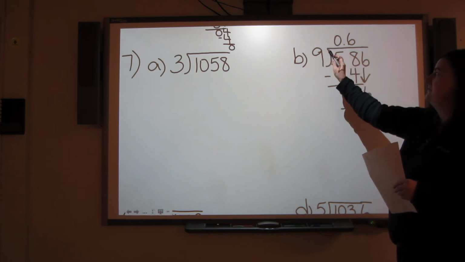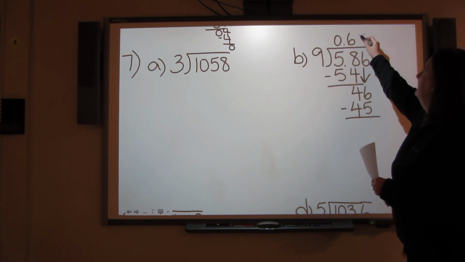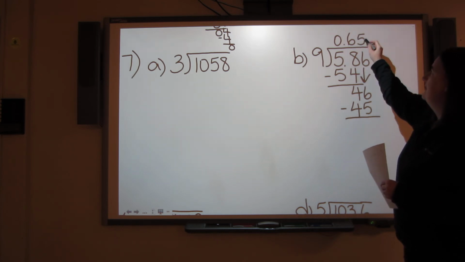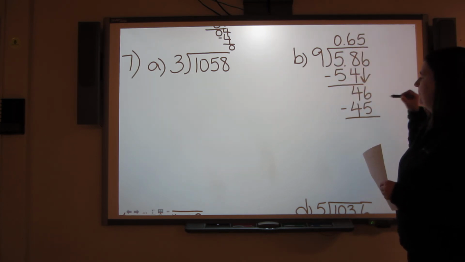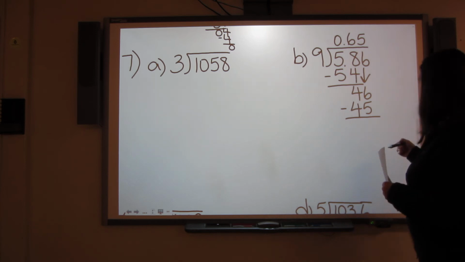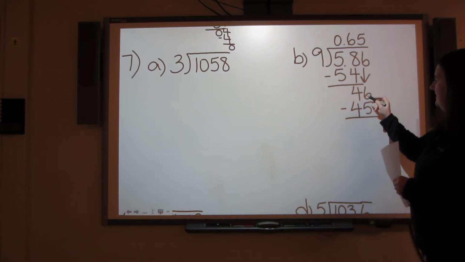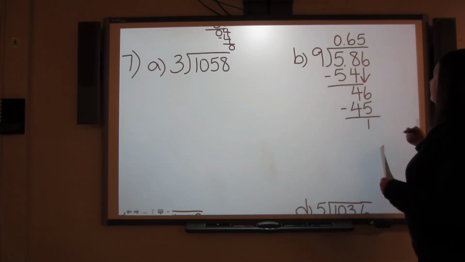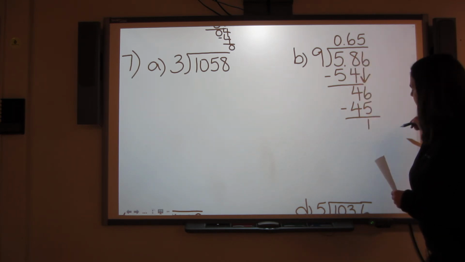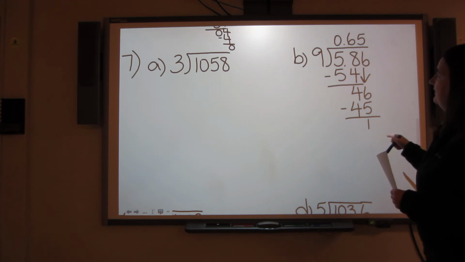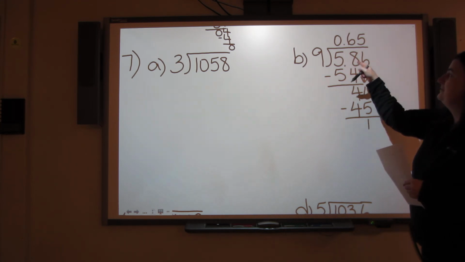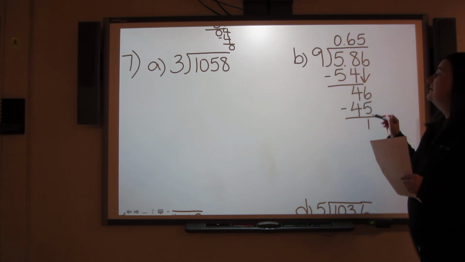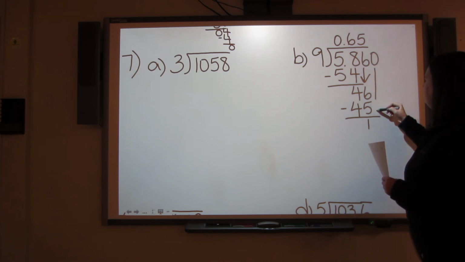Well, how many times does 9 go into 45? 5 times, because 9 times 5 is 45. And then I minus them. 6 minus 5 is 1. 4 minus 4 is 0. Now, I want to drop a 0 because I have a remainder. But I'm not going to put a decimal because I already have one. So I'm just going to drop a 0.